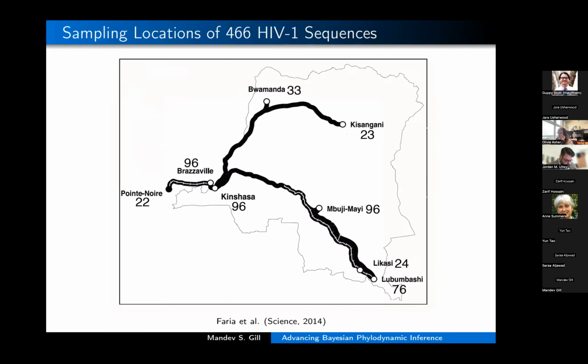Okay, and here we have a map with the sampling locations and the number of sequences sampled in each location. So given an origin of Kinshasa, we might expect general directional trends to the south and east. If we allow for trend changes, we might expect some trends along the phylogeny to the north to Bomanda and Kisangani, and perhaps also to the west to Point Nord.